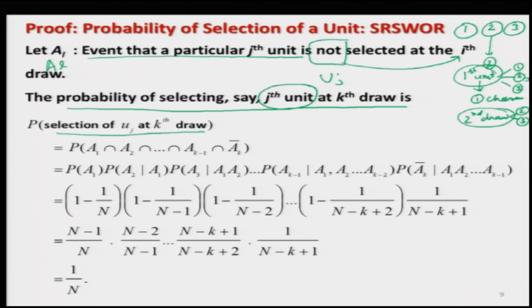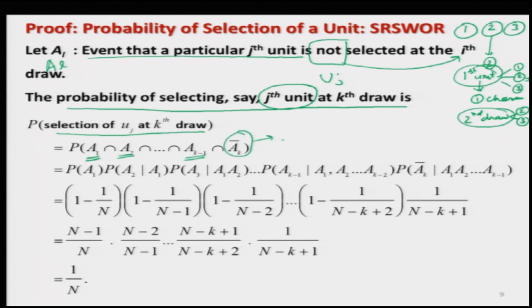This is going to be that the unit is not selected in the first draw, so this is going to be A1. A1 is the event that the unit is not selected at the first draw. Then it is not selected in the second draw, not selected in the third draw, and up to the (k minus 1)th draw. And finally, in the kth draw, the unit is selected.